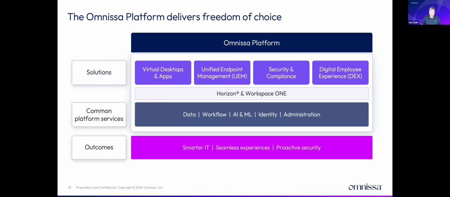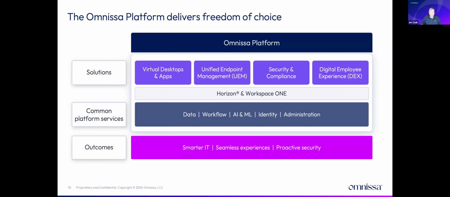There's also a nice set of platform services that run across this. So identity, our access product, for example, and the ability to have an administrative console where you can locate and add resources. We've got a rich data lake, and we're gathering a lot of data. We'll talk about that, especially in relation to intelligence and DEX, as we move forward. We've got a really nice workflow tool, Freestyle Orchestrator, that allows us to automate a lot of things.